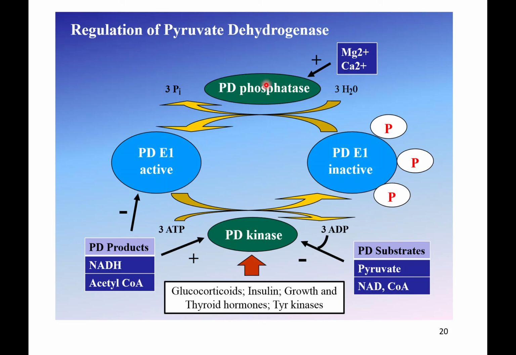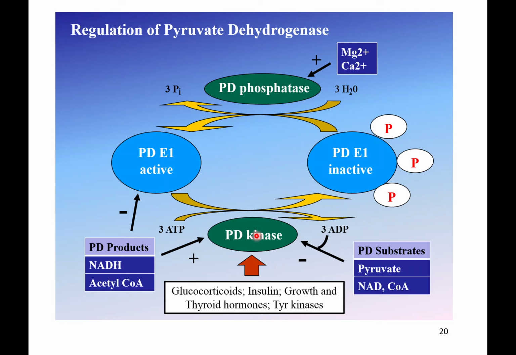Okay. So there's two regulatory elements, and I believe they're on the same actual enzyme. One is a pyruvate dehydrogenase kinase, or PD kinase, that adds the phosphate groups. The other is a phosphatase, which removes the phosphate groups. So we're going to focus primarily on the kinase, what's adding the phosphate groups.